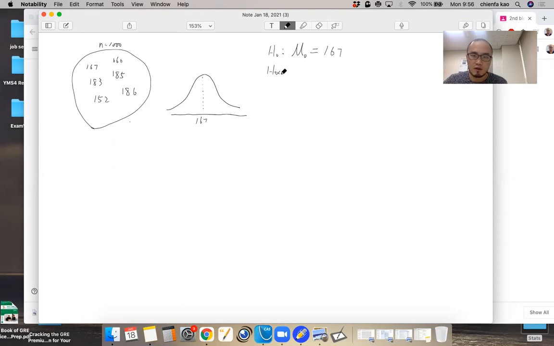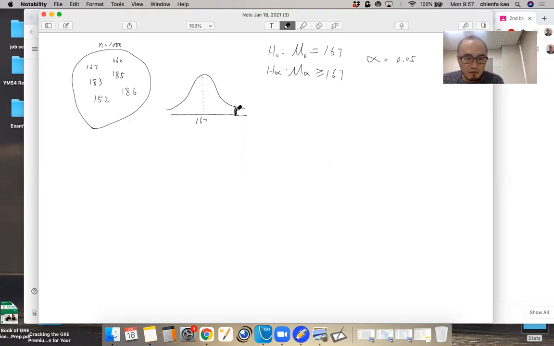The alternative is that it is greater than or equal to 167. And then we set the alpha value at 0.05. Okay, so that means that it's over here, the top 5%.